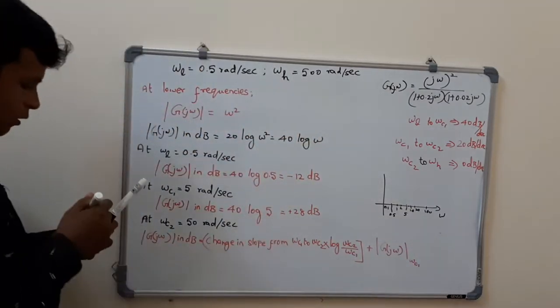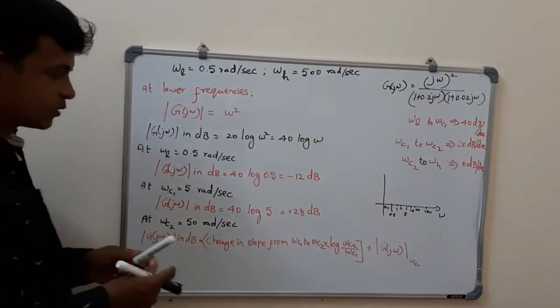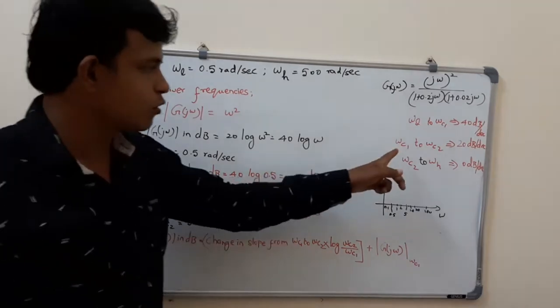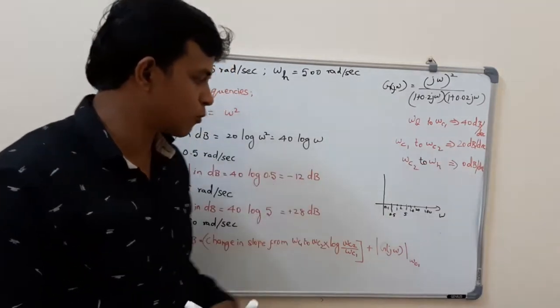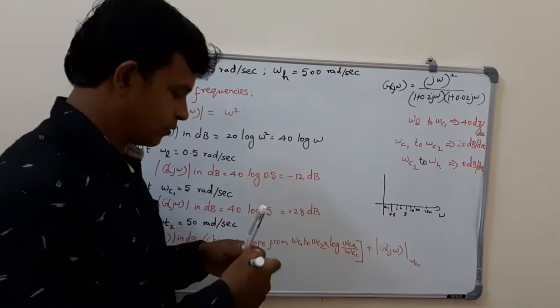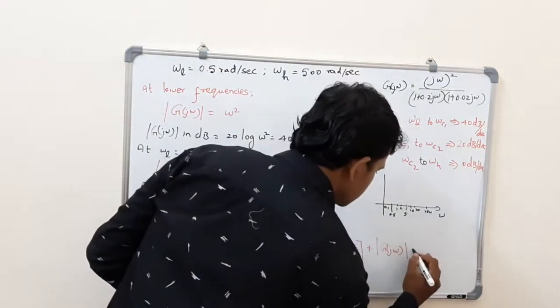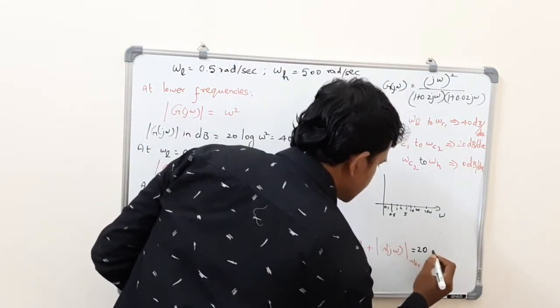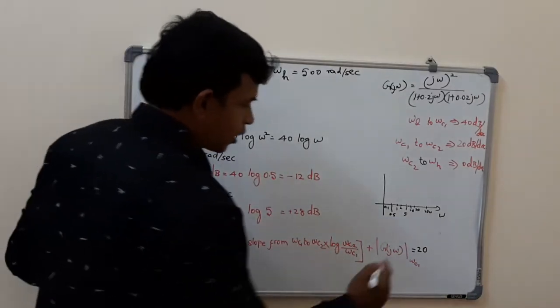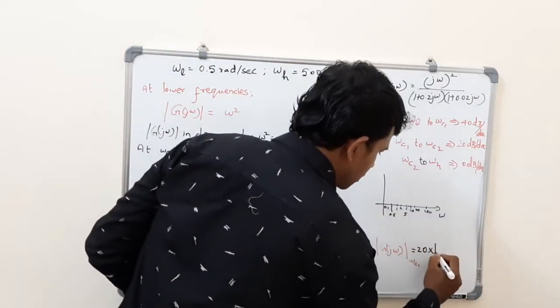Okay, so this is how we can find it. And the change in slope from omega C1 to omega C2 is 20 decibel per decade. So this is equal to 20 decibel per decade into log omega C2 divided by omega C1.